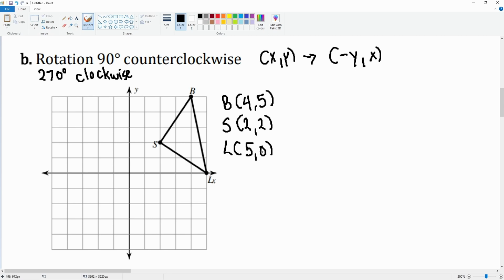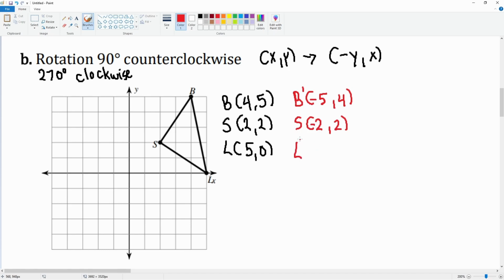Now let's label the new image. B prime: we switch the values, so 5 comma 4. It was 4, 5, now it's 5, 4. The original y was a 5, so the sign changes here and the negative becomes a positive. S was 2, 2, switches, becomes 2, 2, but the original y, which is a 2, becomes a negative.